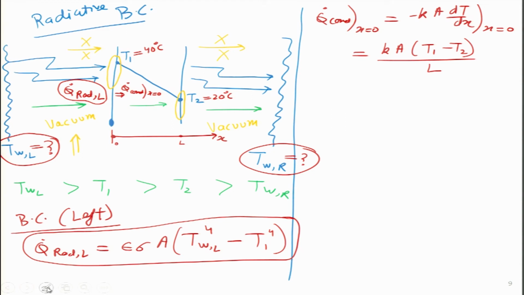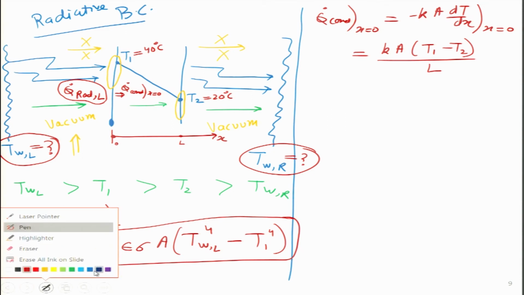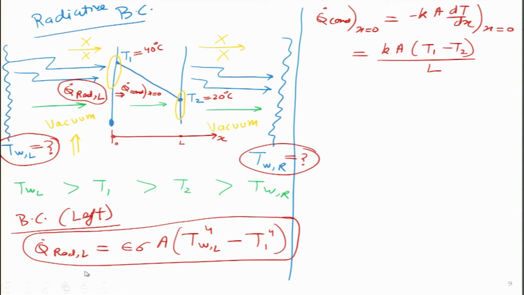Now, I will just use a word of caution, and with an example I will show why I am being cautious. So, let us go back to the wall, and instead of 40 degrees centigrade, I want to write 273 plus 40, and this will come out to be 313 in Kelvin. So, whether I use centigrade or Kelvin, in conduction it does not really matter, but in radiation it is very important that we always use Kelvin itself, because we have to take T to the power 4.